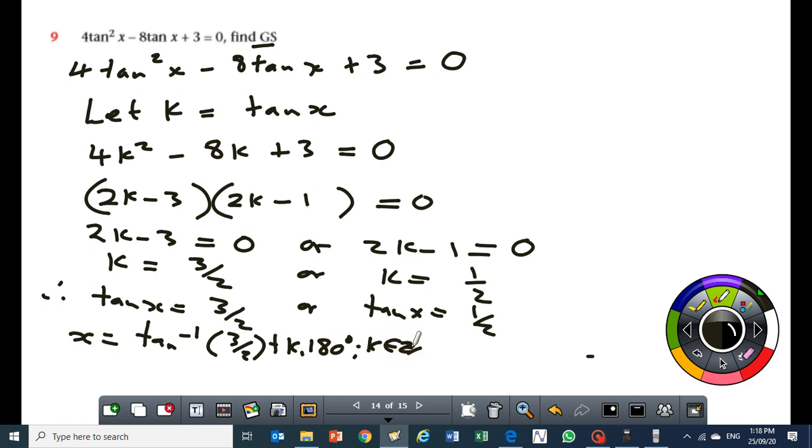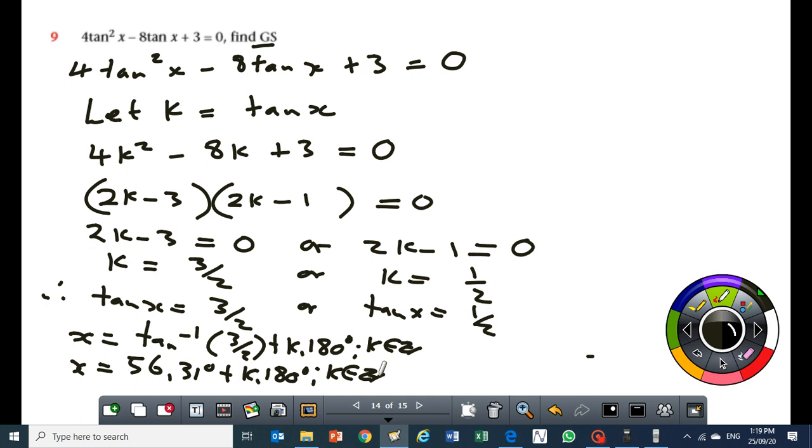What is shift tan of 3 over 2? 56.31 degrees plus k times 180 degrees, where k is an element of z. That's your first general solution.